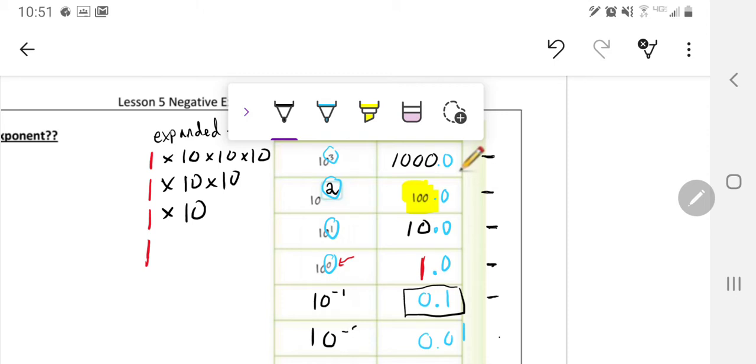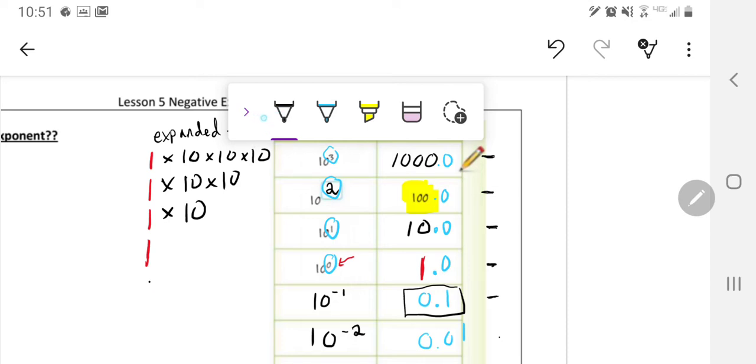If it keeps following the pattern, that's 10 to the negative 2. All right, so we're trying to figure out what negative exponents mean. Well, it looks like we've gone times 10 times 10 times 10 for 10 to the third, then times 10 twice, then times 10 once, then times 10 0 times.